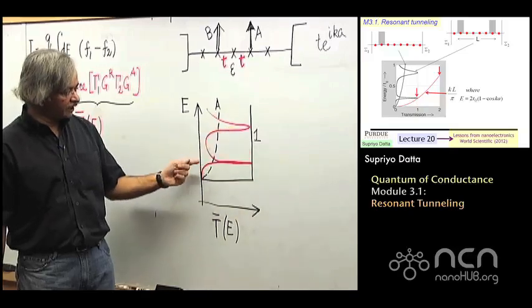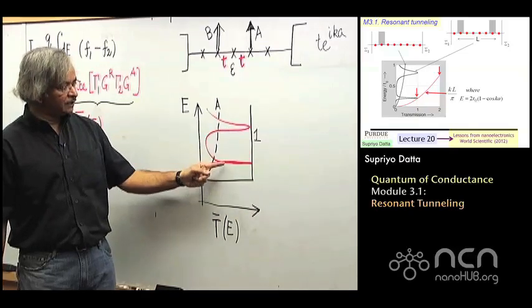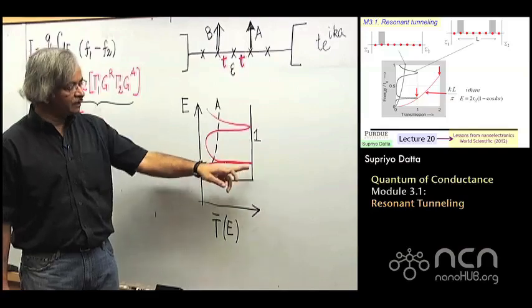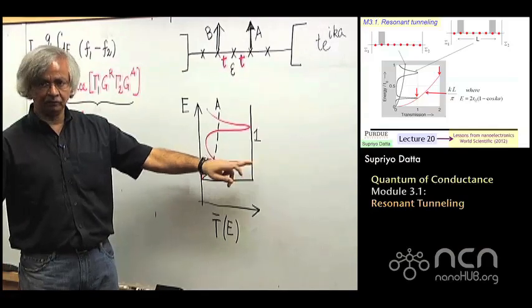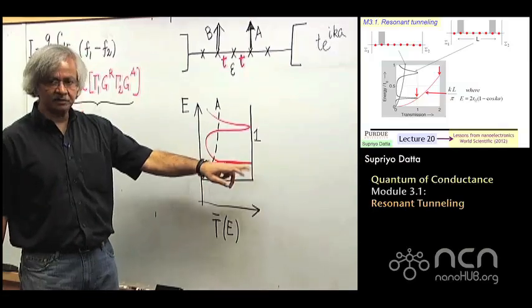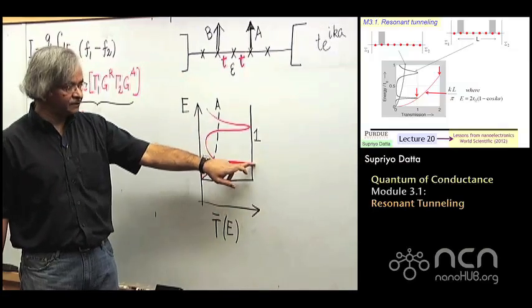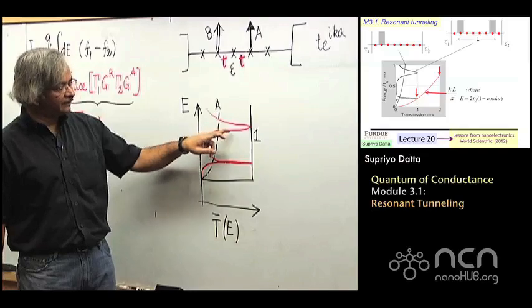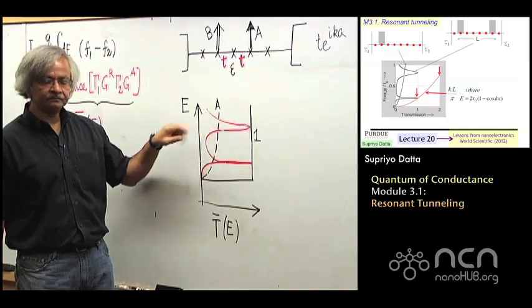At a particular energy, there is a peak in the transmission where it actually reaches 1, meaning as if there were no scatterers. It's almost the ballistic case at that energy. Then it comes down, and then again goes up. You see?